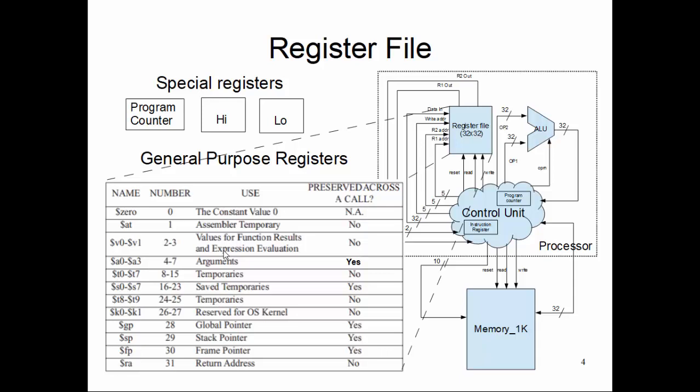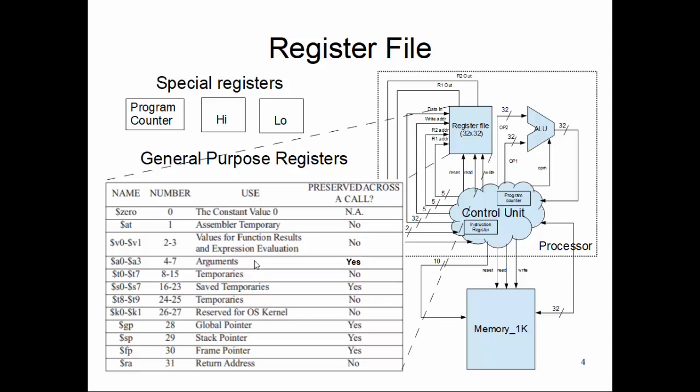MIPS has provided some special instructions to access the values of high and low, and also we can write them through some special instructions. So that's what they are, special registers, and they cannot be accessed through the general way or through the instructions through which we access the general purpose registers.